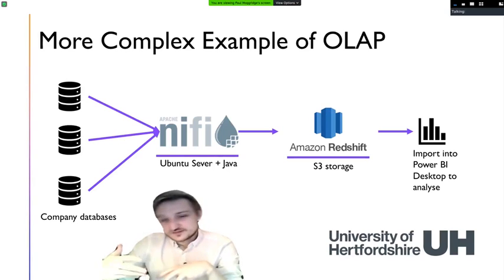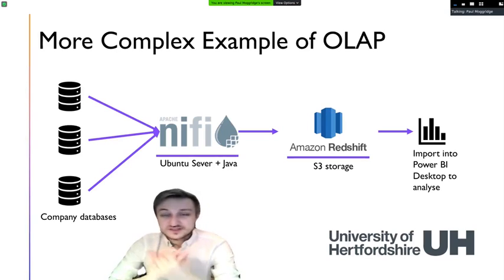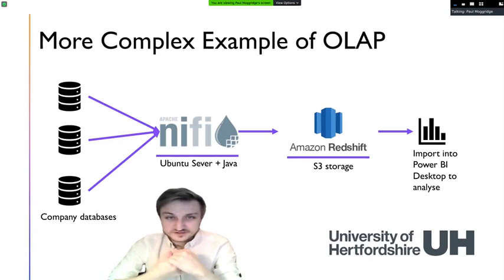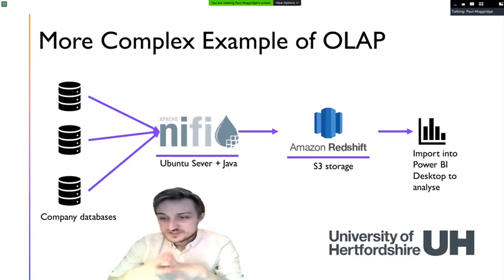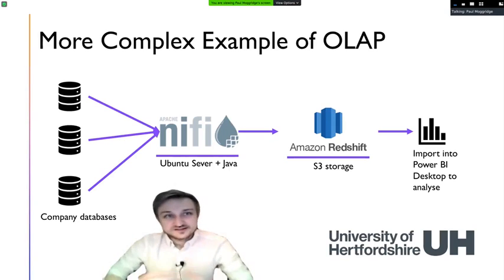So that could be supported by S3 storage. And Apache NiFi is a Java application that can run on a Ubuntu server. And then once you've got all of your data in your data warehouse in Amazon Redshift, you can connect to it using something like Microsoft Power BI and run analysis on it from there. And then display that to the decision makers in your business for them to make decisions.